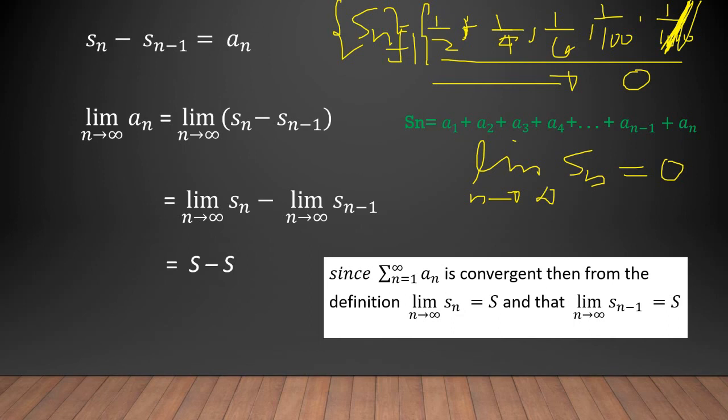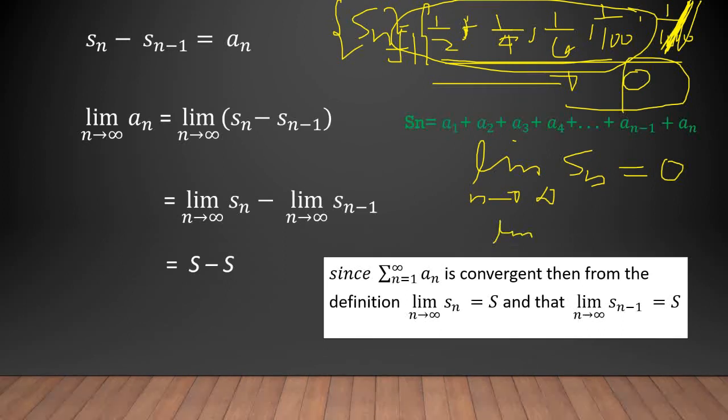So only this is left. If we get their values, still their values will be approaching 0. So the limit of Sn minus 1 as n approaches positive infinity is still equal to 0.